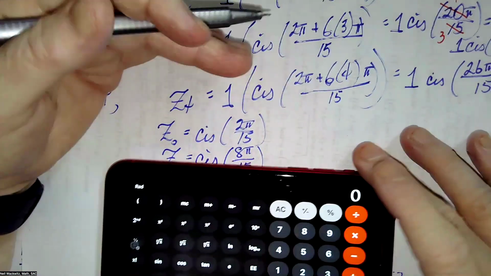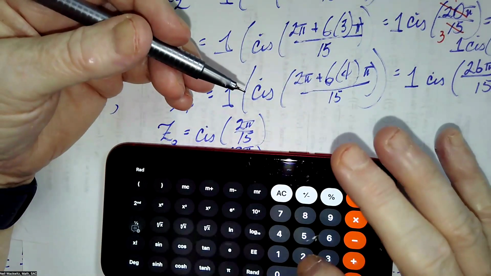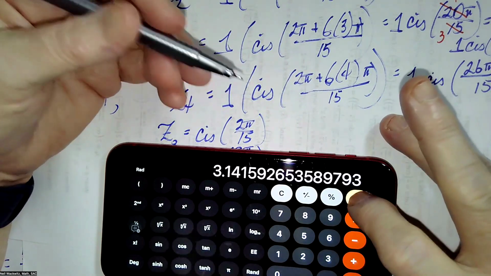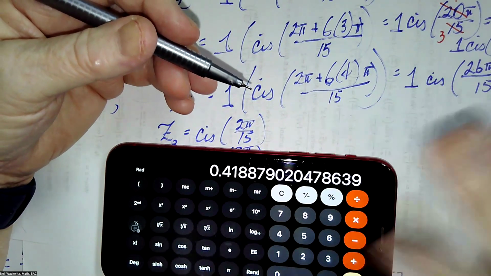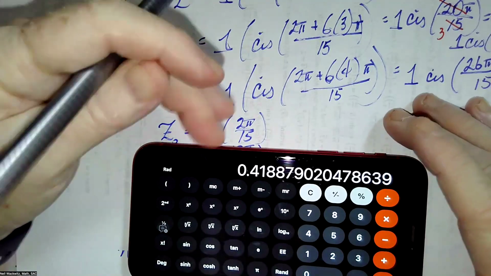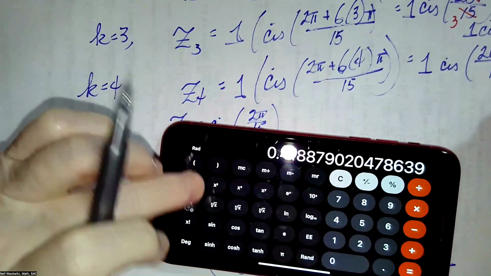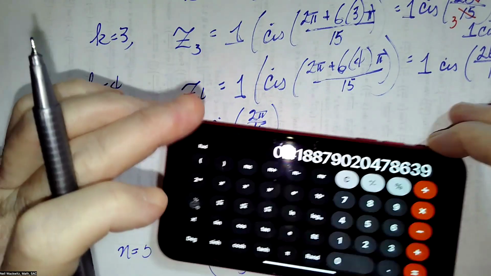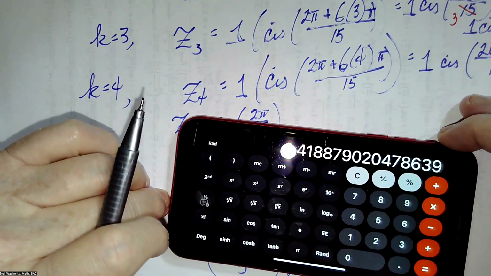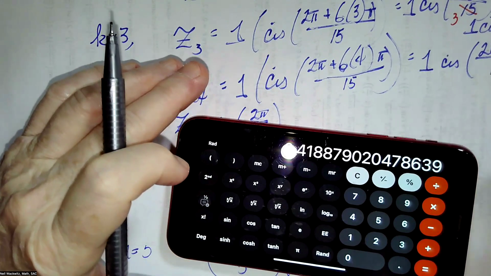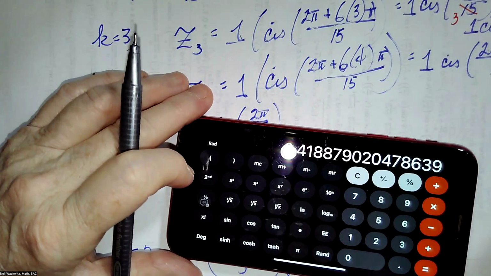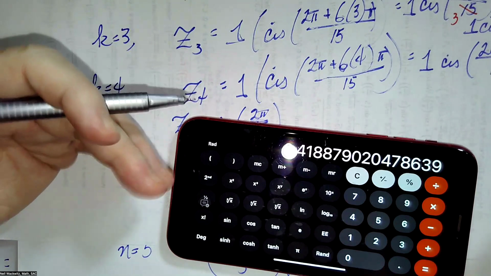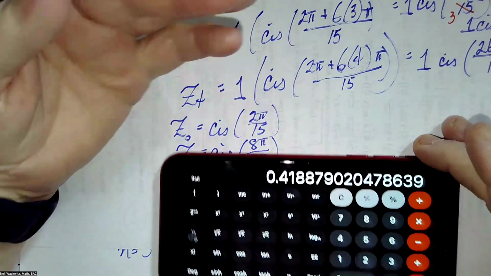Okay, so we've got 2 times pi divided by 15 equals, and we want to find the cosine, the sine. And we need to do it in radians because the number is in radians. Duh, because we've got pi's in there.